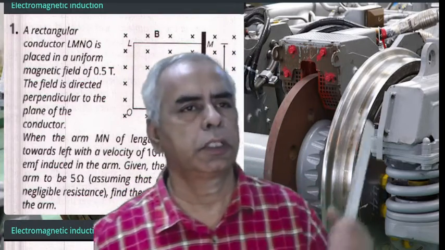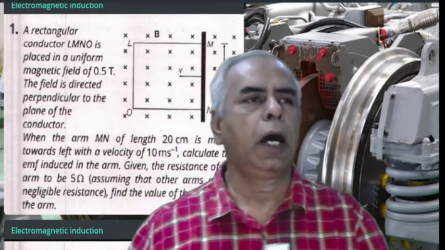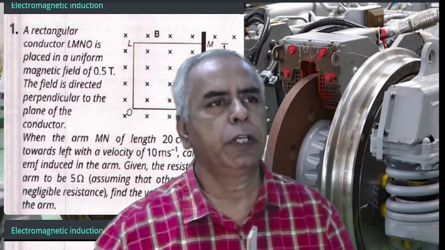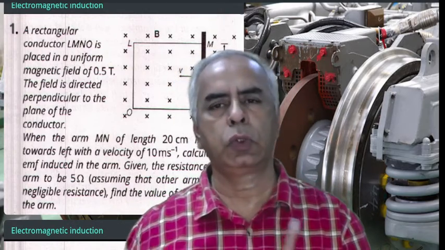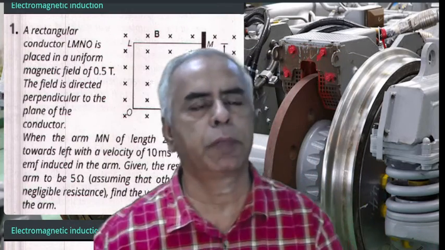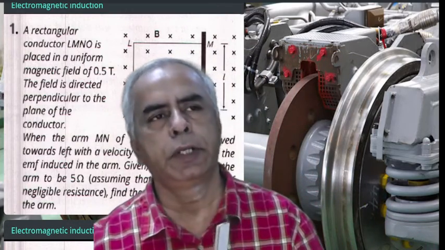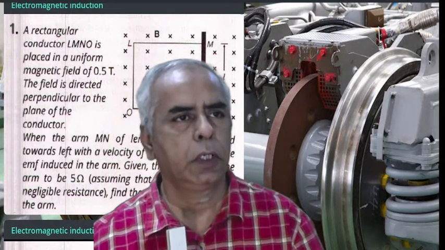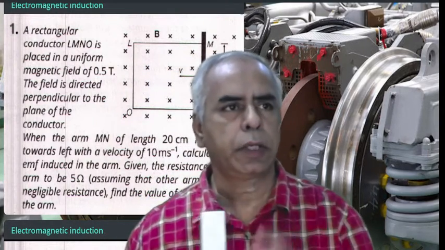It is placed in a uniform magnetic field. So we already have this inward magnetic field that is perpendicular, 0.5 Tesla.